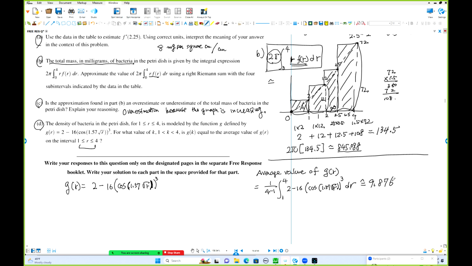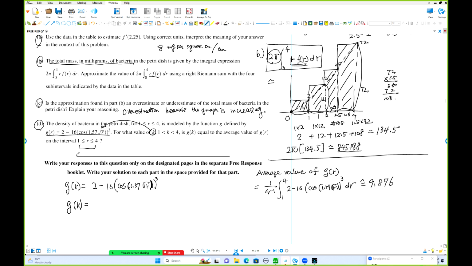But over here, the density of bacteria, G defined this way. For what value of K, using this one, you can put this number K in the R over here, right? So what is G of K? G of K is what?